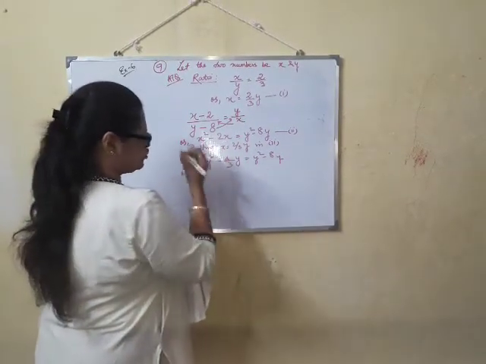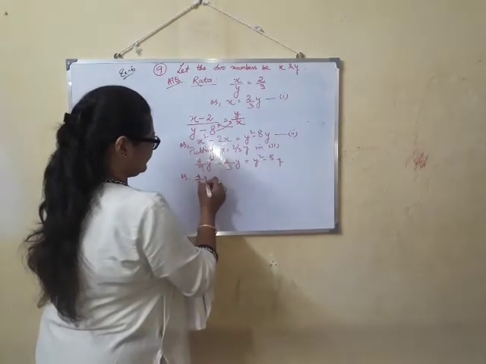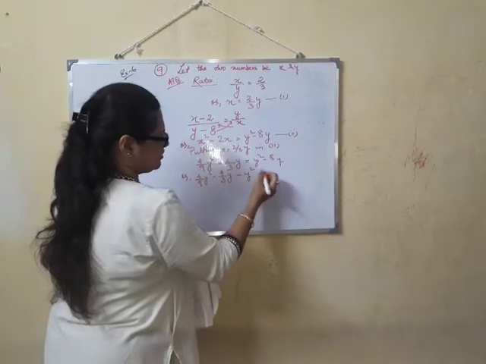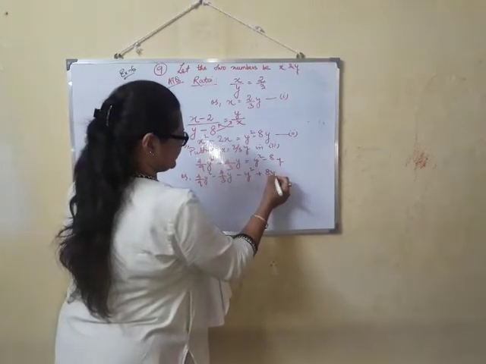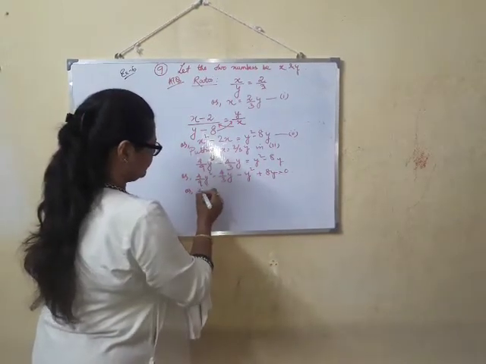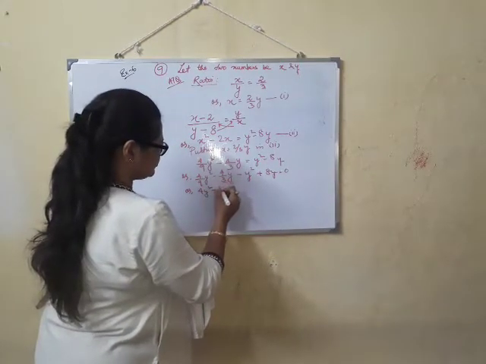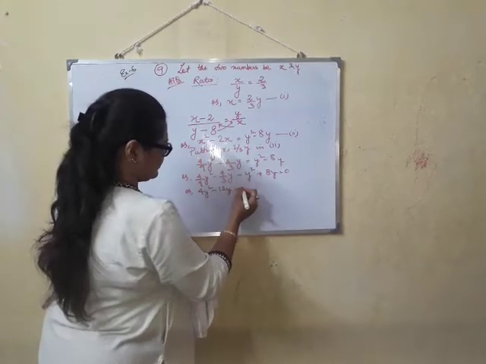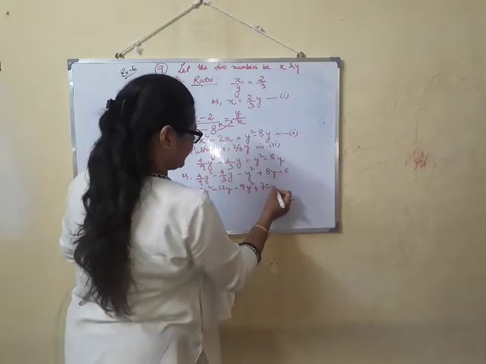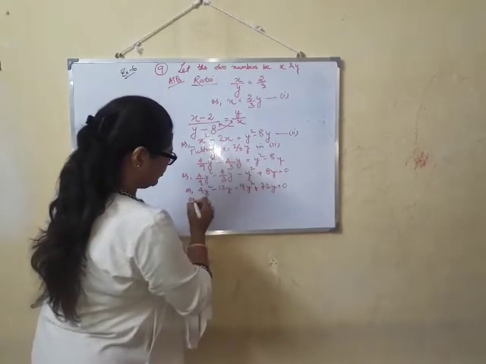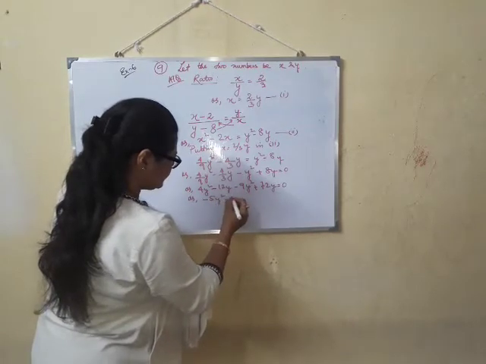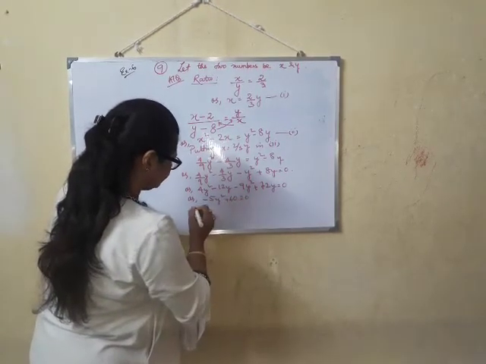Bringing all of it to one side, 4 by 9 y square minus 4 by 3 y minus y square plus 8y is equal to 0, or LCM becomes 9. 4y square minus 12y minus 9y square plus 72y is equal to 0, or from here I am getting minus 5y square plus 60y equal to 0.